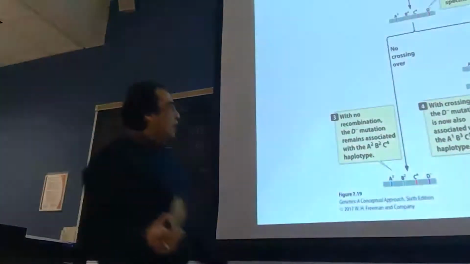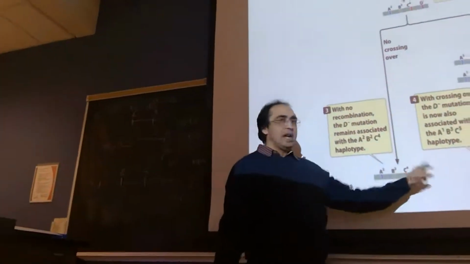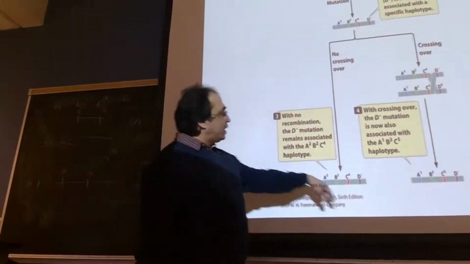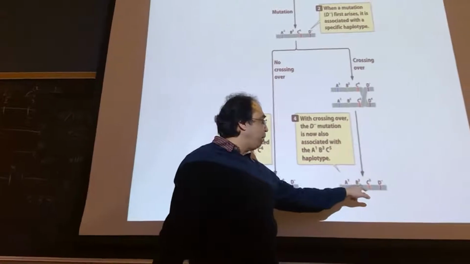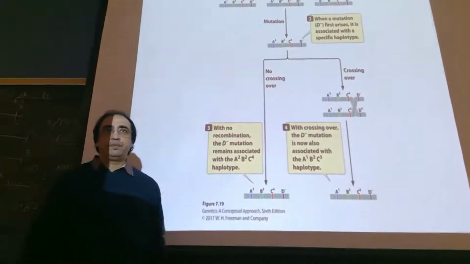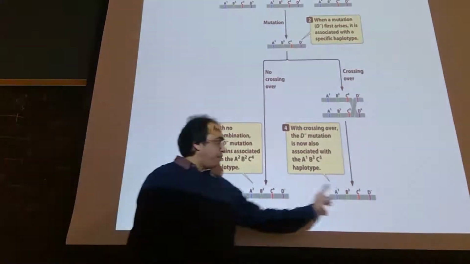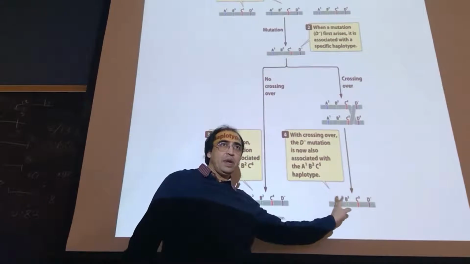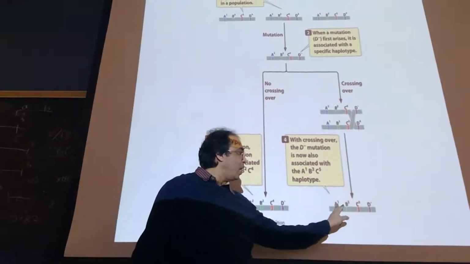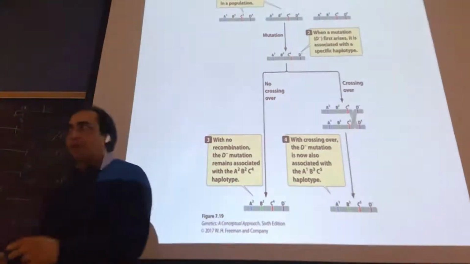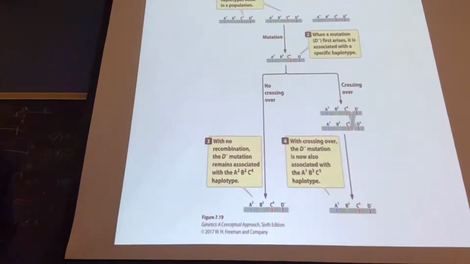We will always find A2, B2, C4, and D if there is no crossover. It will not come with A1, B1, C3. It will always be with A2, B2, and C4. But if I find that gene in a different combination, coming with A1, B2, and C5, in this haplotype, that means there was some crossover.